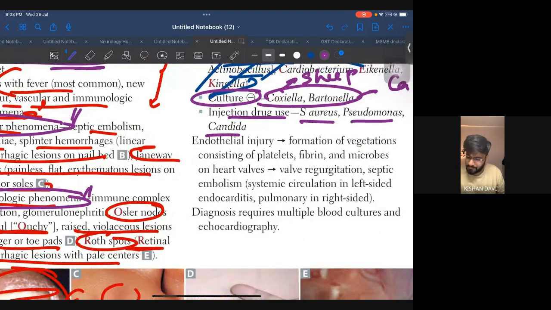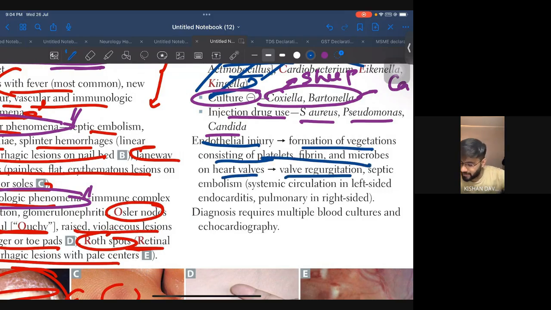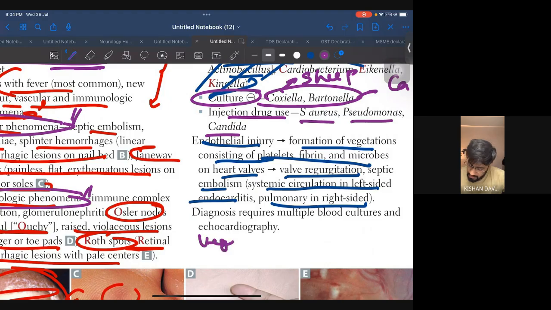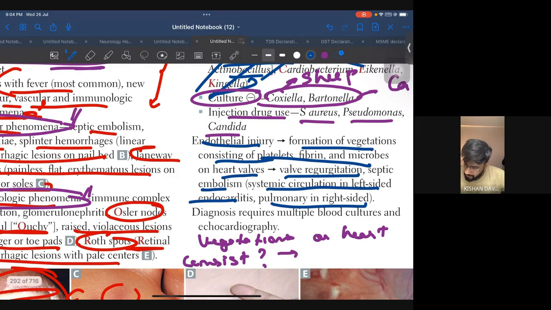So let's see how it happens here. Endothelial injury, formation of vegetation consisting of platelets, fibrin and microbes on the heart valve, valve regurgitation, septic embolism: systemic circulation in left-sided endocarditis, pulmonary in right-sided. Now see, they will ask you what vegetations on the heart consist of. The answer will be fibrin plus platelets plus microbes.